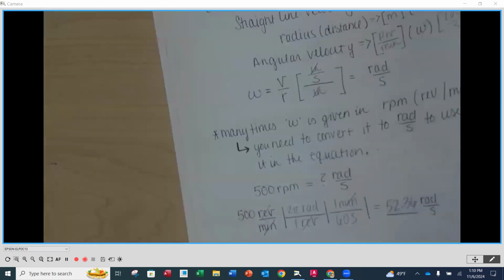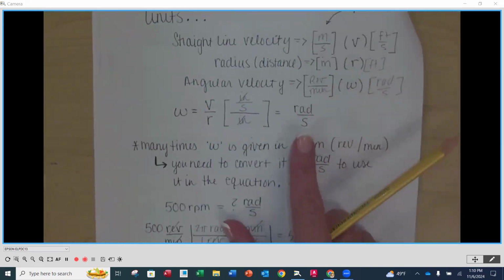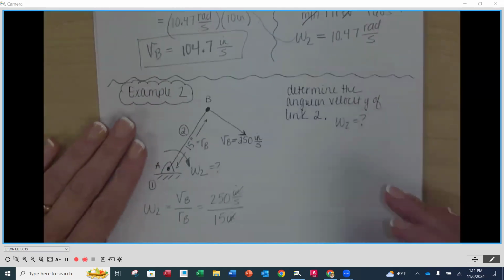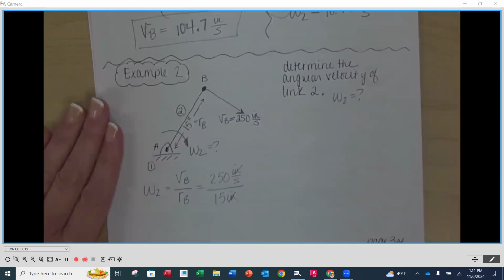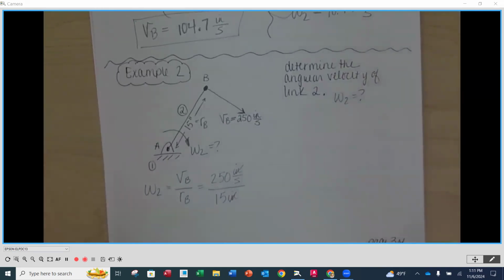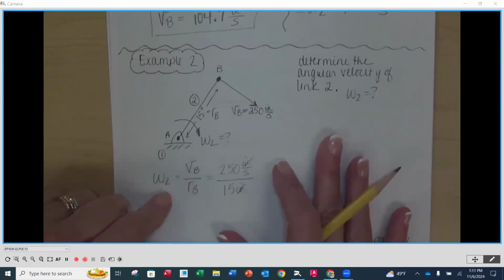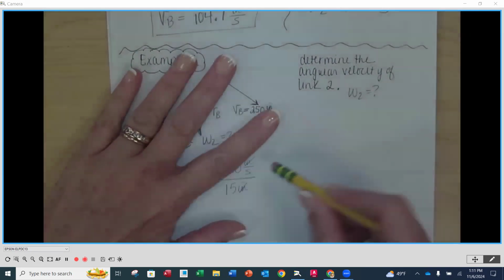Need to look back. Remember, when they both canceled out top to bottom, radians magically appeared. It's radians per second. So as I said earlier, in and out of this equation, it's always going to be radians per second for our W. So whether we're inserting the W like we did up here, we had to convert it to radians per second before we used it, or if we're calculating for it, we're going to get our units to be in radians per second.